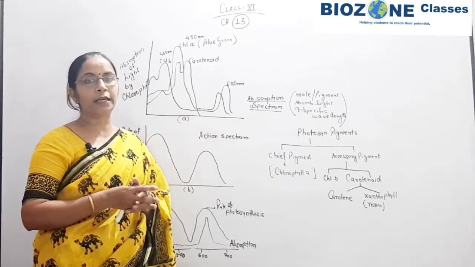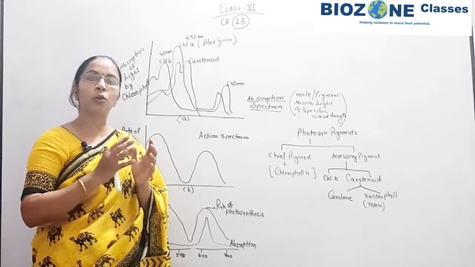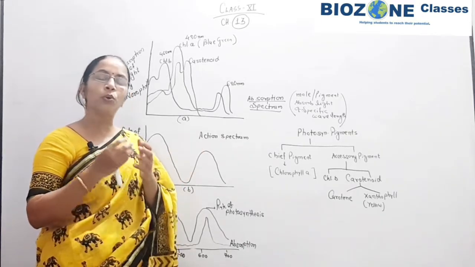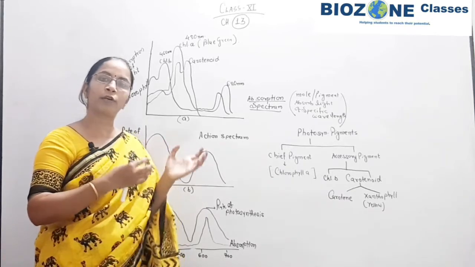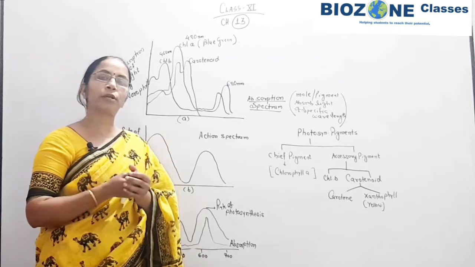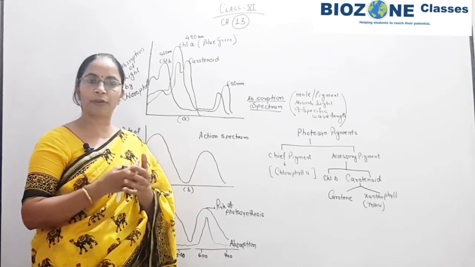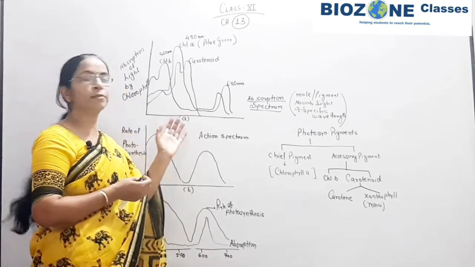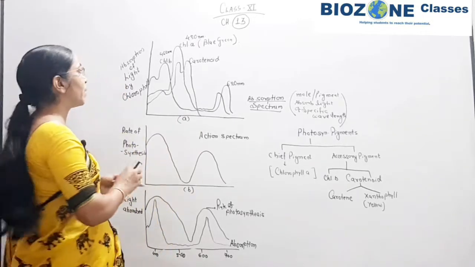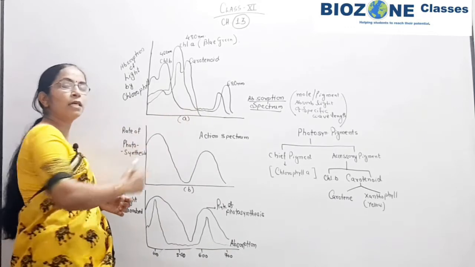So I kindly request all students, don't remember such graphs on the basis of colors. Though in NCERT colorful graphs are provided, they are provided to recall the color of the pigment, but in exams the graphs are only in black and white form. So you simply remember the conditions where the peaks are high.